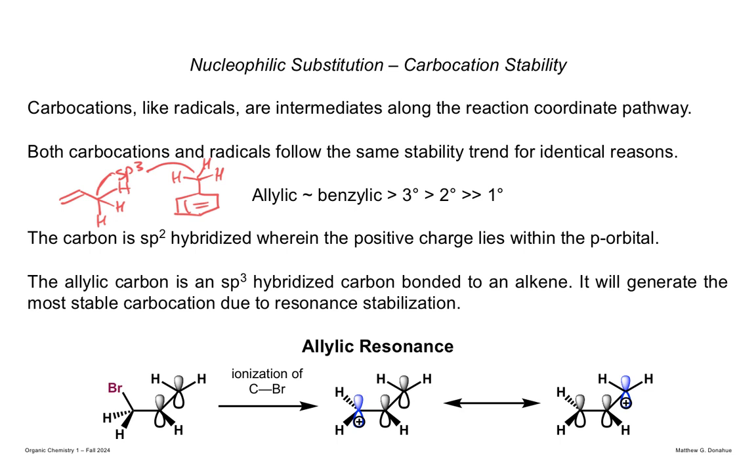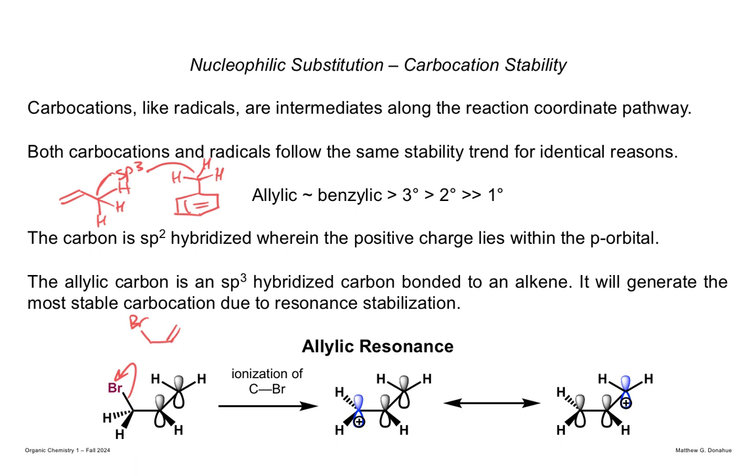The reason that carbocation stability is important is because, again, it's a higher energy intermediate. Anything structurally that can stabilize it will increase the rate. So in terms of the little lobes, if we have this molecule here, these little lobes right here are the p orbitals that make up that double bond.